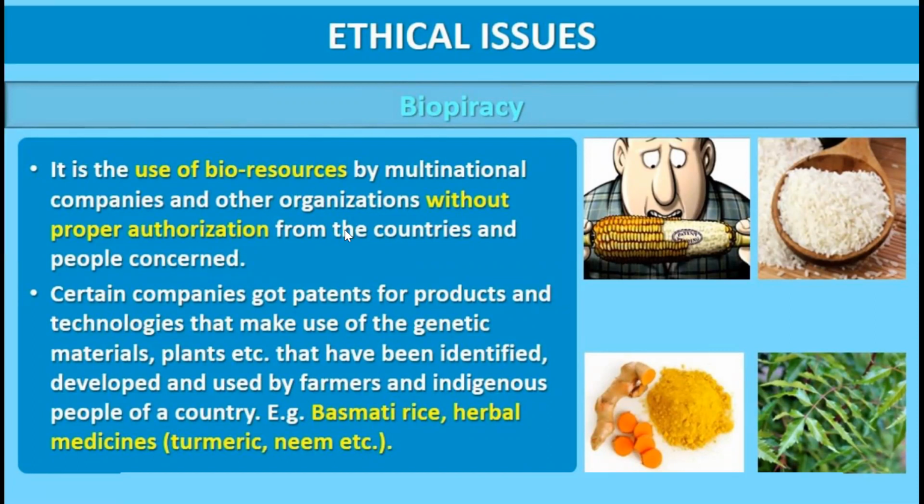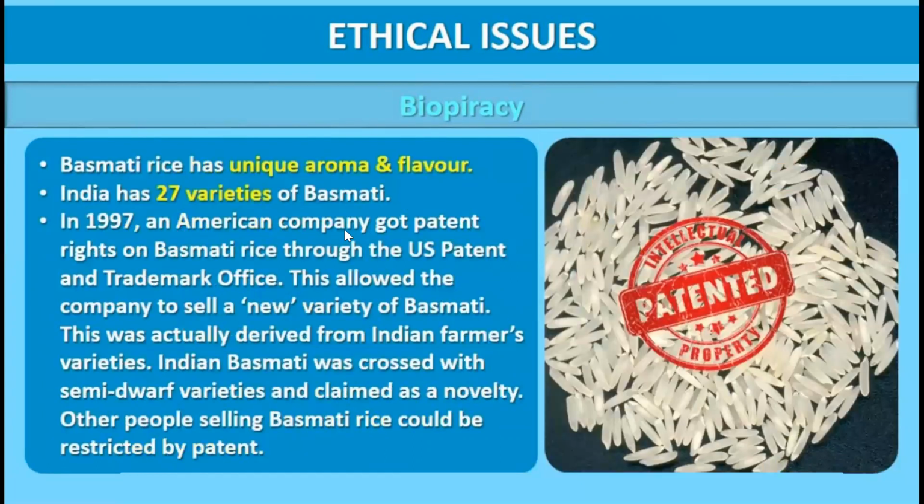Certain companies got patents for products and technologies that make use of the genetic material, plants, etc., that have been identified, developed, and used by farmers and indigenous people of a country. Examples are basmati rice and herbal medicines like turmeric, neem, etc.